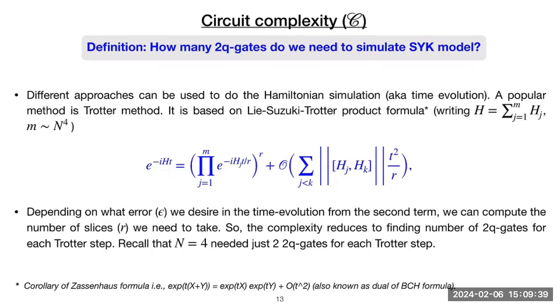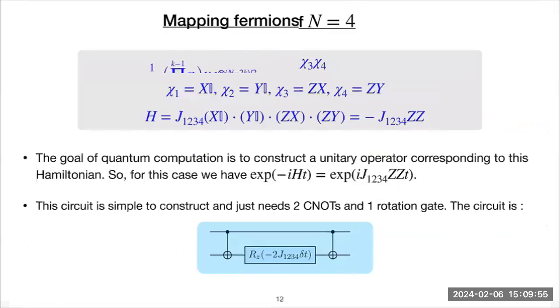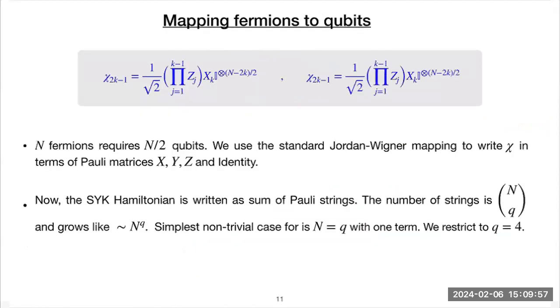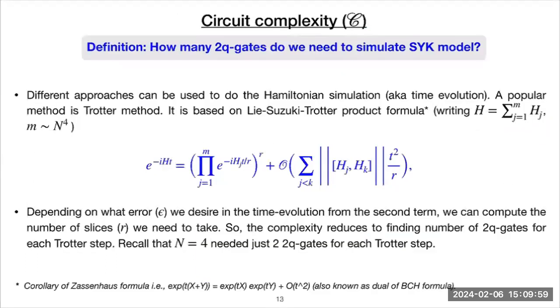The most popular one which people use is called the Trotter method, or the product formula, or the Lie-Suzuki-Trotter product formula, where if you have a Hamiltonian written as a sum of H_j, where j goes from 1 to M, where M is nothing but n choose q, then the time evolution operator can be written like this.